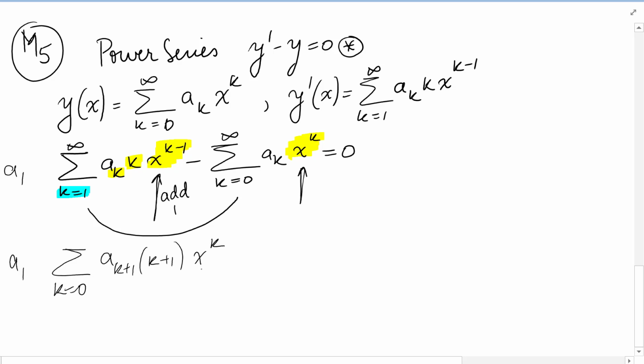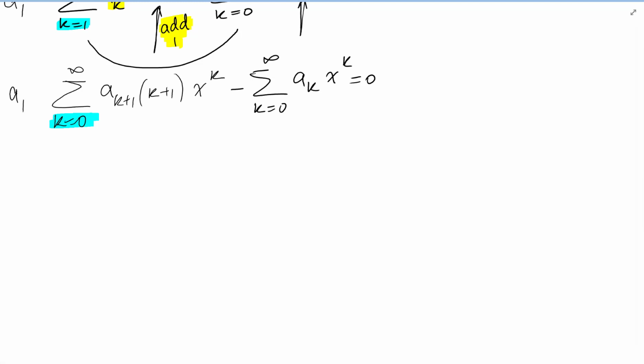So we have to be very careful: when we add 1 to all the terms in yellow, we have to subtract 1 from the lower boundary. Minus the sum as k goes from 0 to infinity of a sub k x to the k equals 0. So now both sums start at the same point.